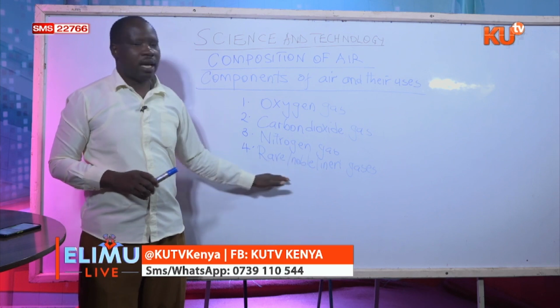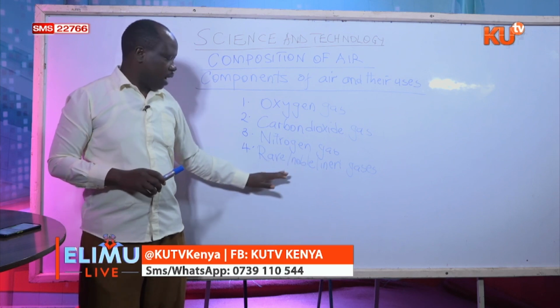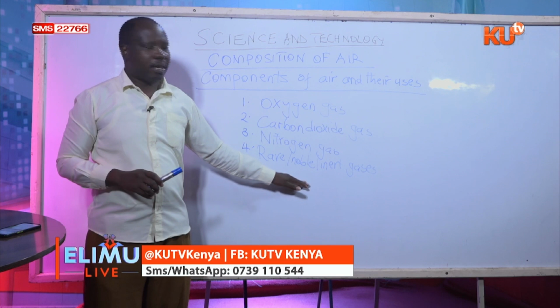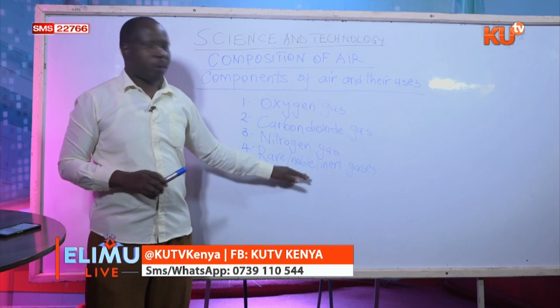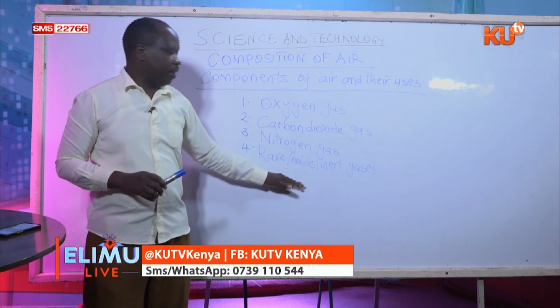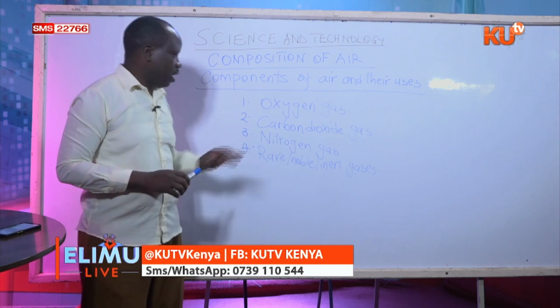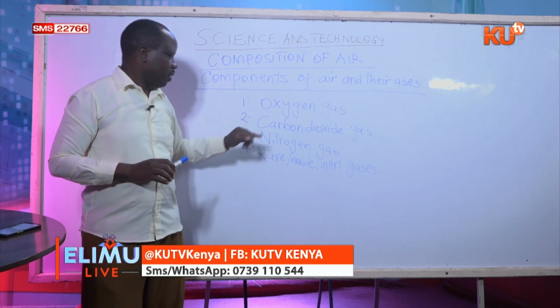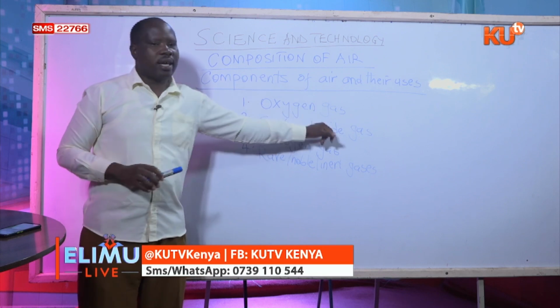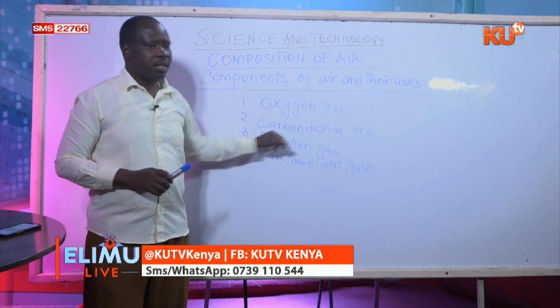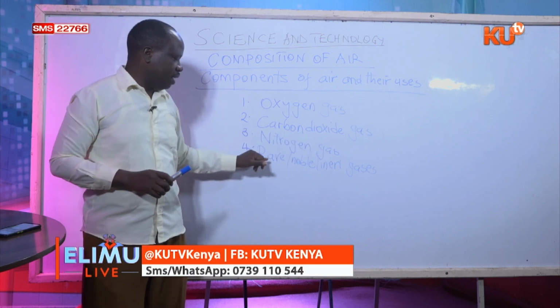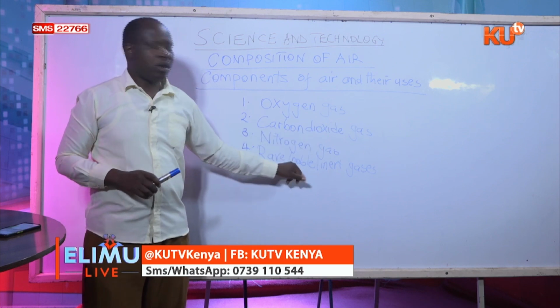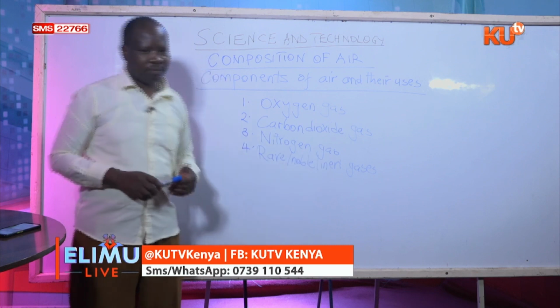And as I've said, there are 2 more, although they are not major ones, but they are also part of the air, especially when the air is not purified. So when the air is pure, we have oxygen gas, carbon dioxide gas, nitrogen gas, and finally rare or noble or inert gases.